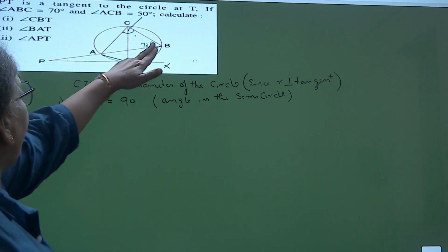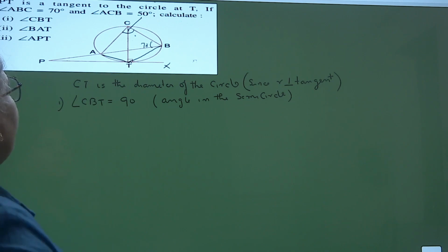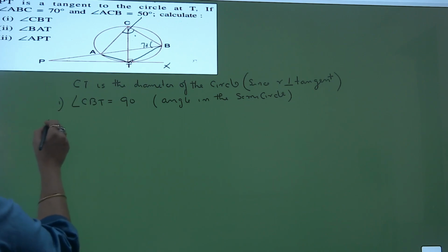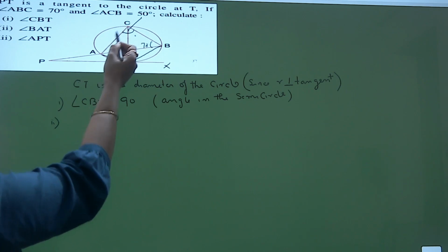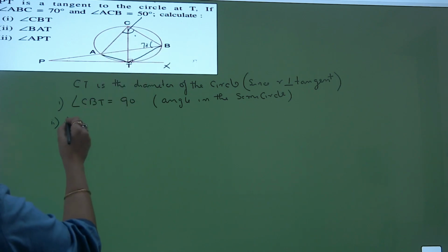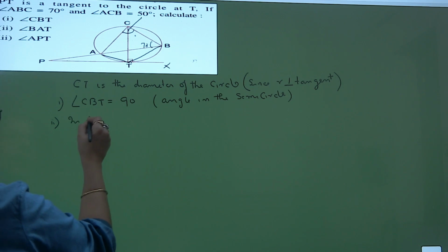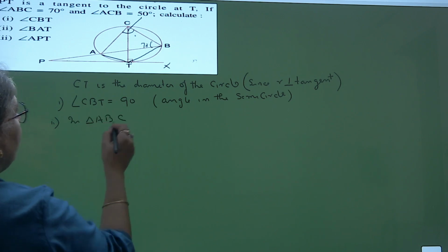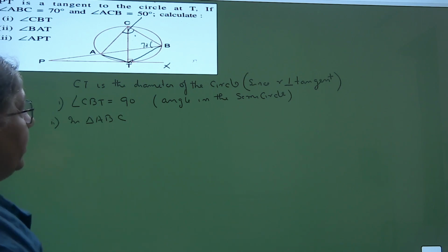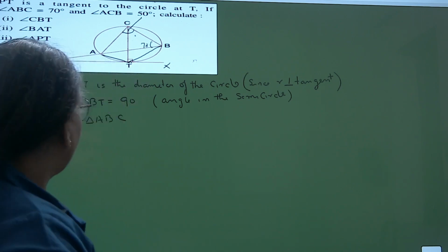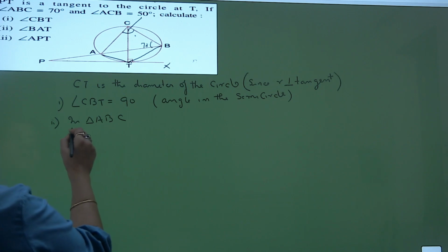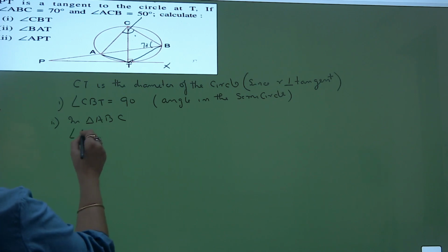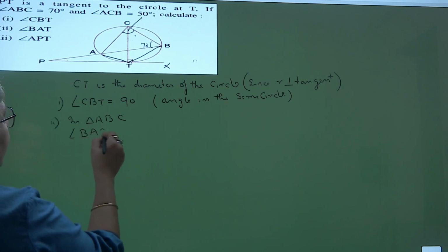Now we have to find angle BAT. So for this second part, first we need to find angle CAB. So in triangle ABC, using the angle sum property, we can find angle BAC.